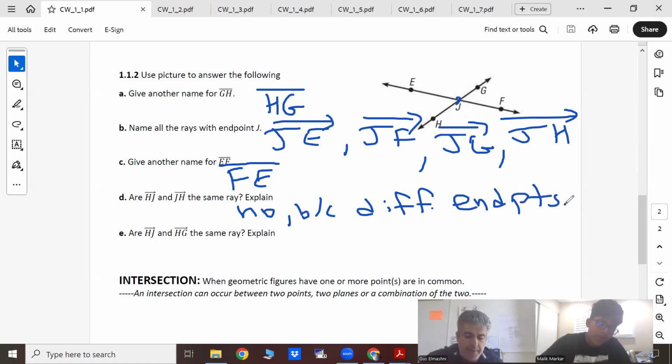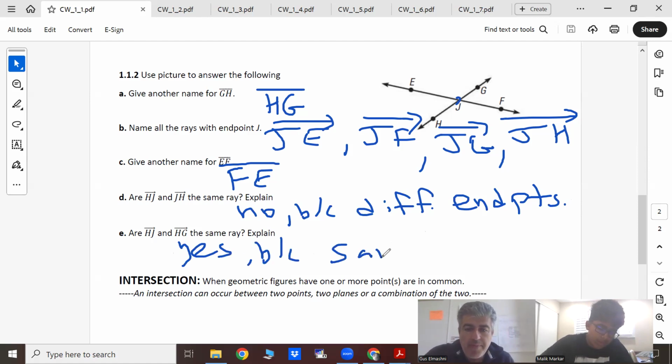Notice they'll abbreviate quite a bit. Okay. I gotta stop eating. I'm gonna get a food coma. So, all right. But the answer for E is HJ and HG is yes. That's because they're the same endpoint and they go in the same direction.